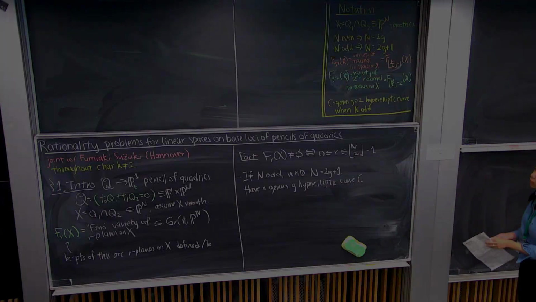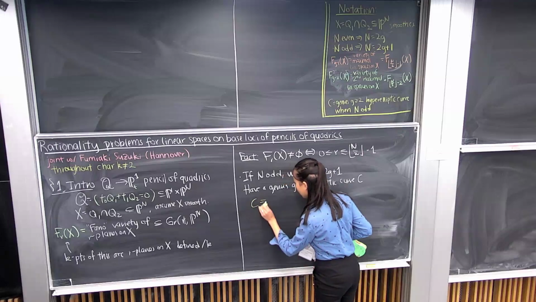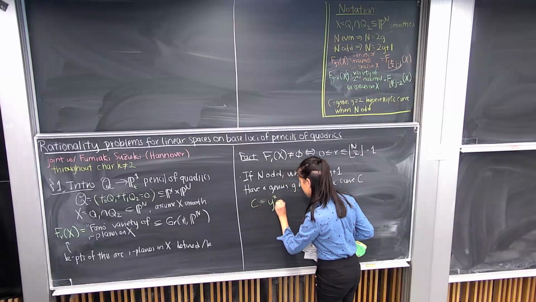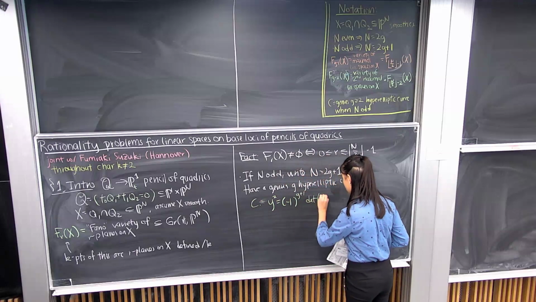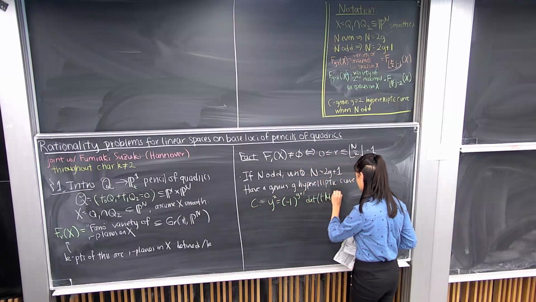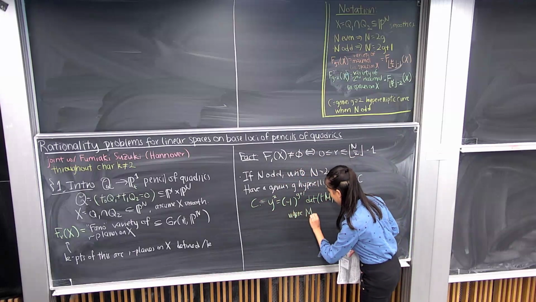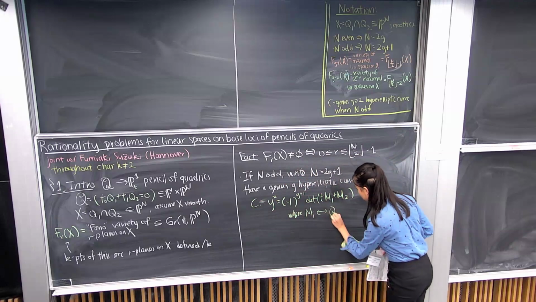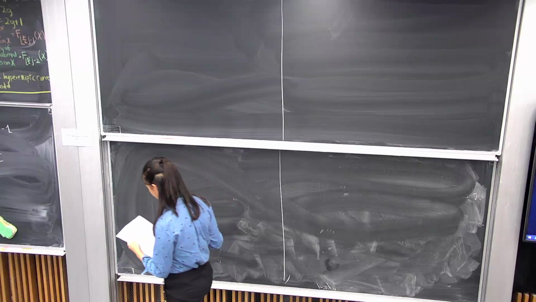More precisely, C is defined by y squared equals (-1)^(g+1) times the determinant of T1 M1 plus T2 M2, where Mi is the symmetric matrix corresponding to the quadric Qi. This is okay because we're in characteristic not equal to 2. So this is the notation that I wanted to set.